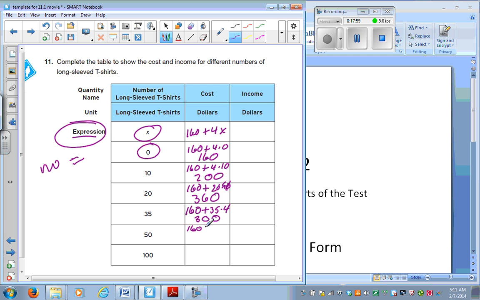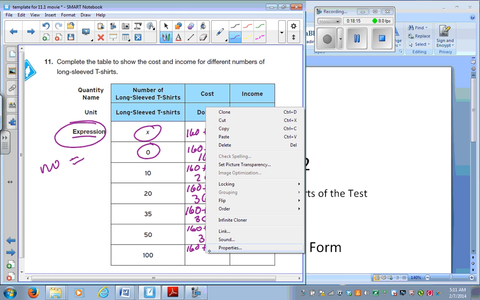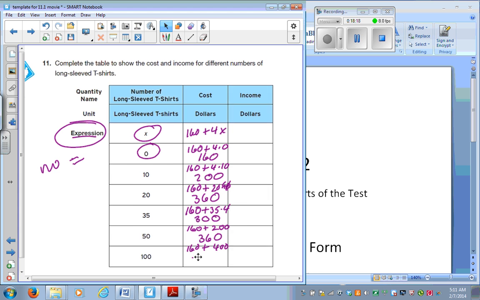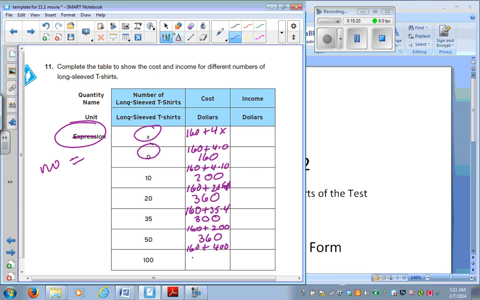If I did 160 plus 50 times 4, that would be 160 plus 200 for a total of 360. And finally, 160 plus 100 times 4 would be 400 for a total cost of $560.